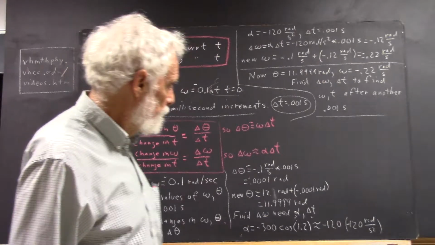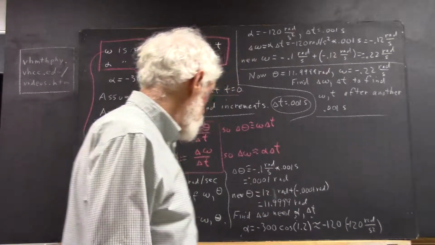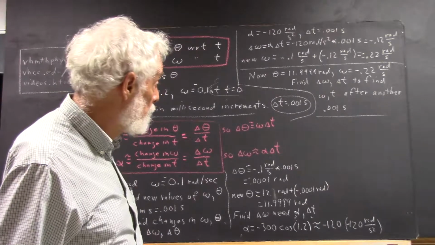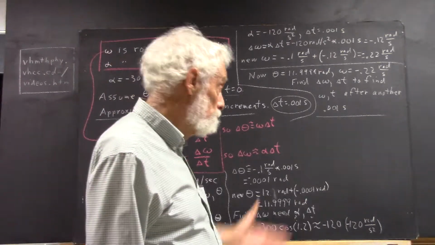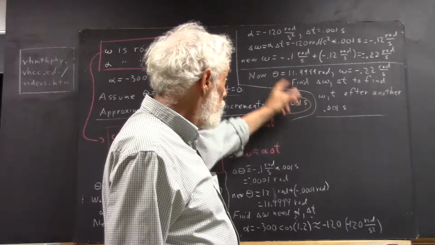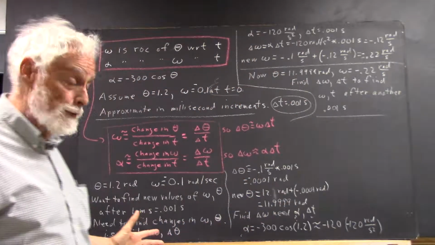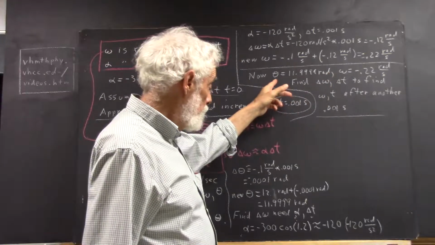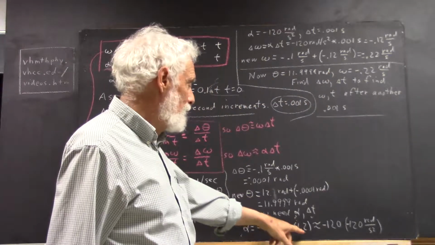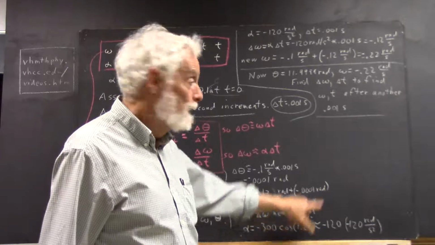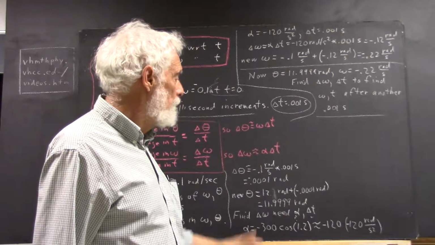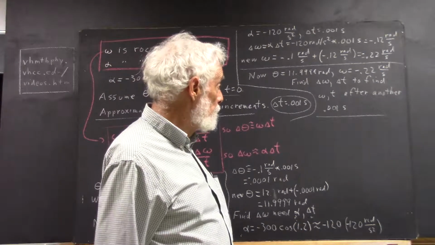And I suggest if you aren't really clear on this, and I think not many people would be at this stage, that you calculate that and just follow the calculation scheme over here. But of course now you've got a different value of theta. That's not going to change the cosine by very much, because theta has changed by a minuscule amount. But you might want to use more accurate values when you calculate it.